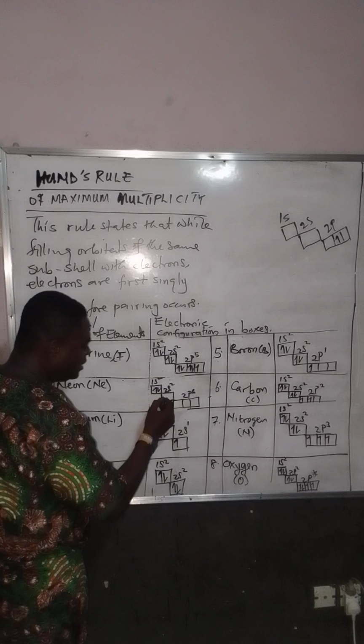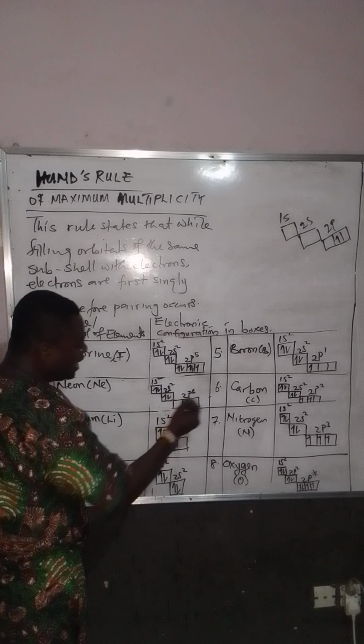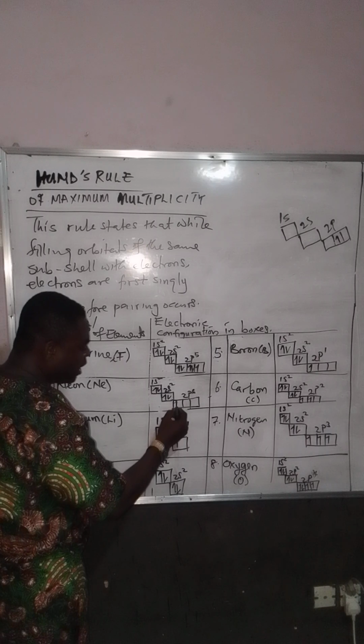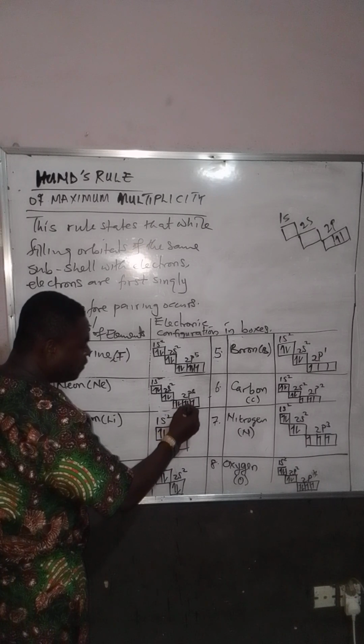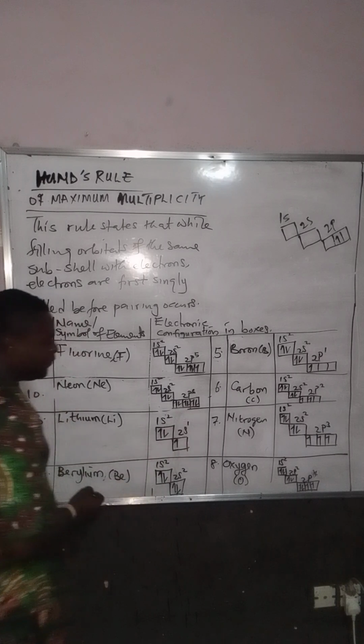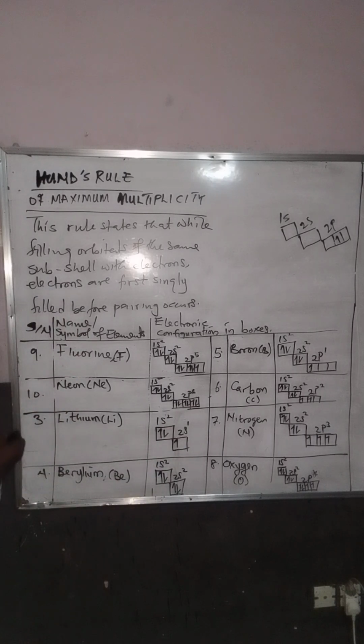So 1 is here, 1 is here, 1 is here, 1 is here. Now 6. Fill singly first, 1, 2, 3, then 4, 5, 6. Fill singly before pairing.